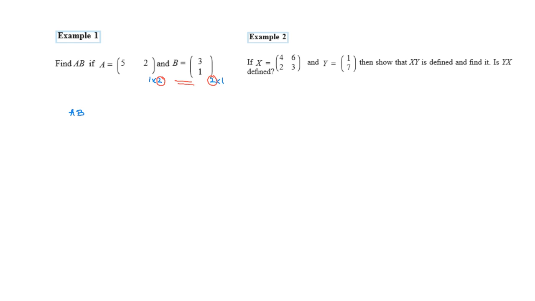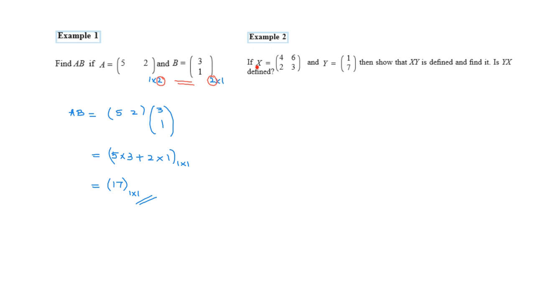AB is equal 5, 2 into 3, 1. So 5, this row, this column, you have to multiply. 5 times 3 plus 2 times 1. So what is the order of the resultant one? That is 1 by 1. So 15 plus 2, that is 17. 1 by 1. This is our answer.